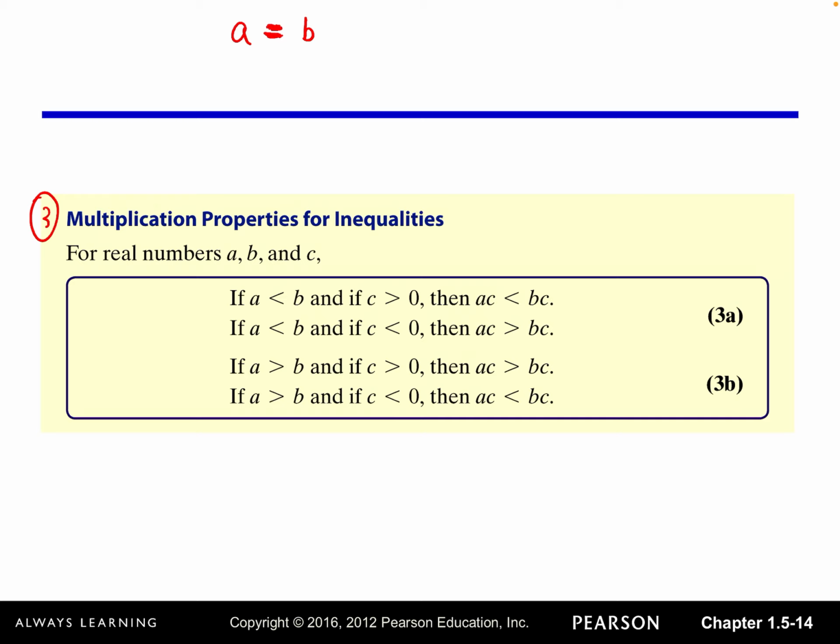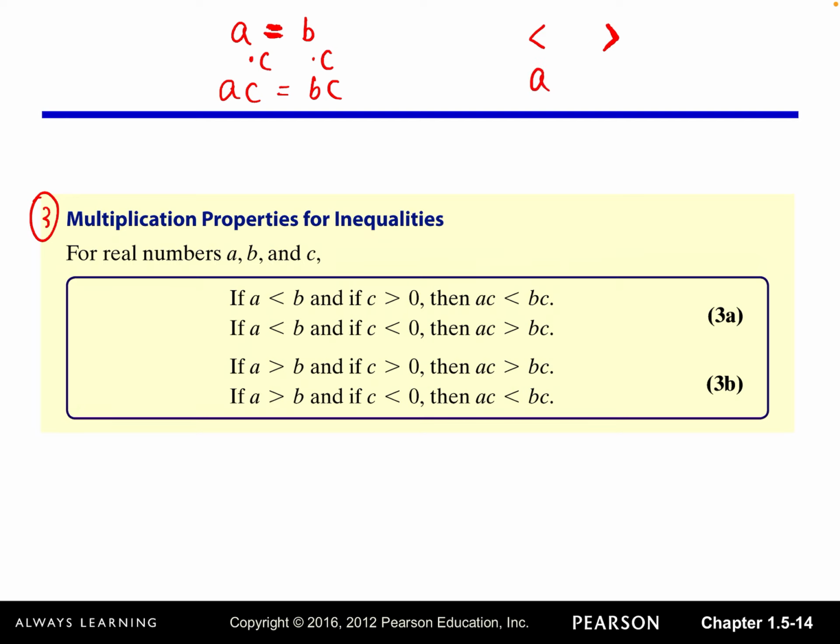If the original statement A equals B is true, and both sides are multiplied by any number or expression, the new expression is still equivalent. That's what the multiplication property for equality means. But for inequality, because the inequality symbol has a direction, it makes a difference whether the number is positive or negative.